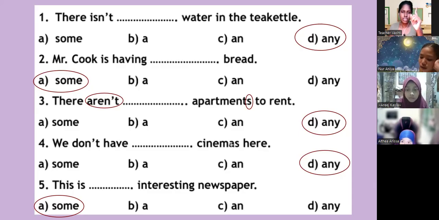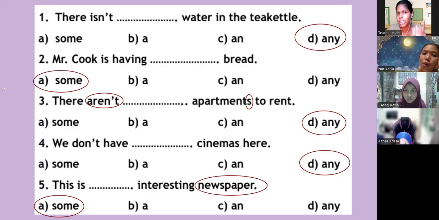Satu. Some tu kita guna untuk banyak. So, interesting newspaper. Newspaper ni banyak ke satu? Satu. So, jawapan some tak boleh guna lah.